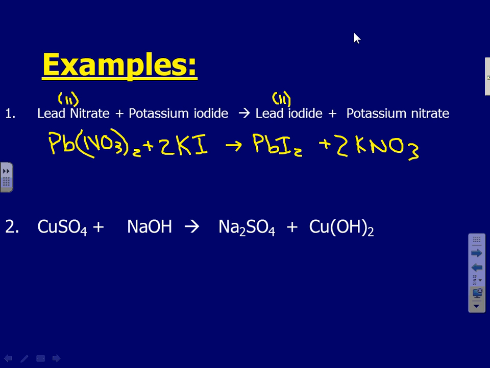Let's balance the last one. Oh, no, I want an answer. Josie, what's your question? Yes, it can. It doesn't matter the order in which you write them down. So now balance it, Josie. To balance the OHs.